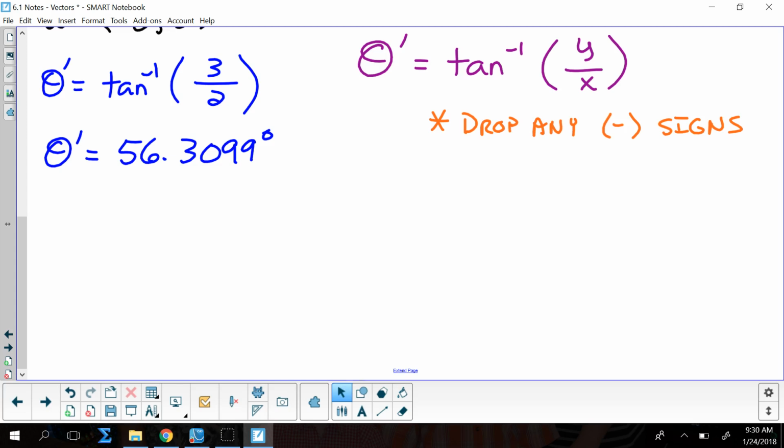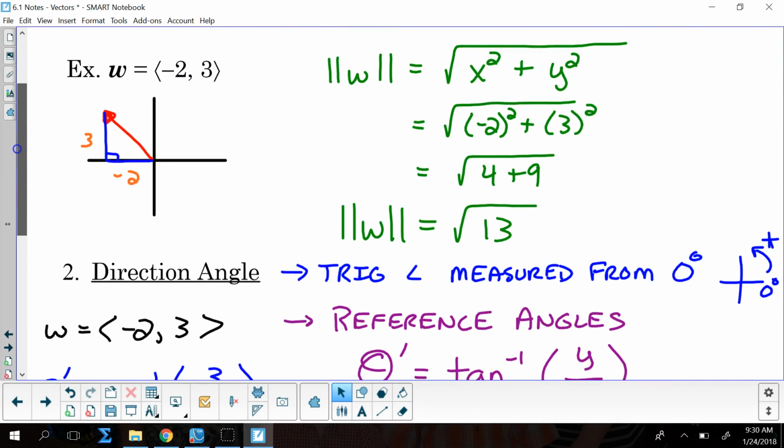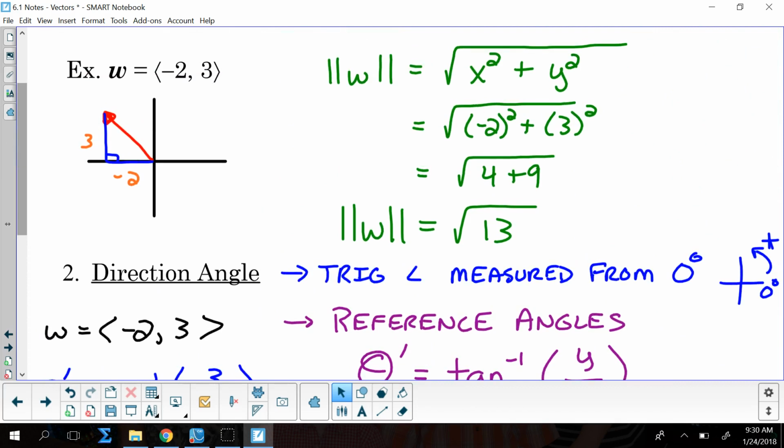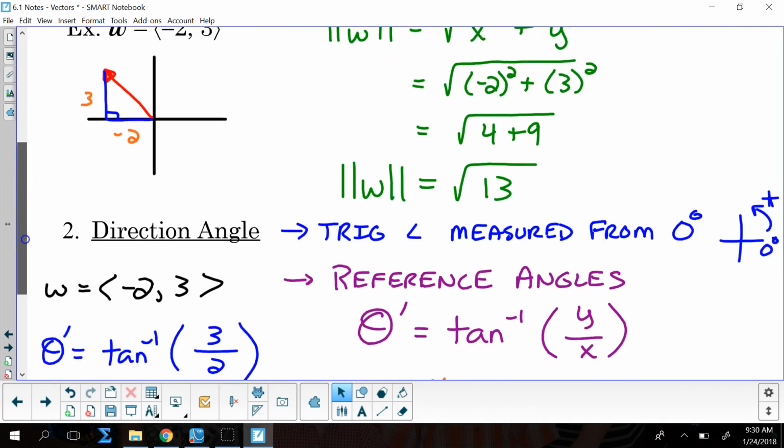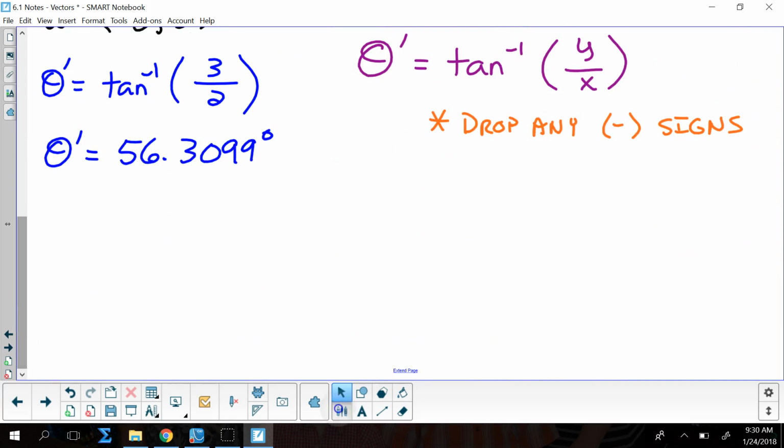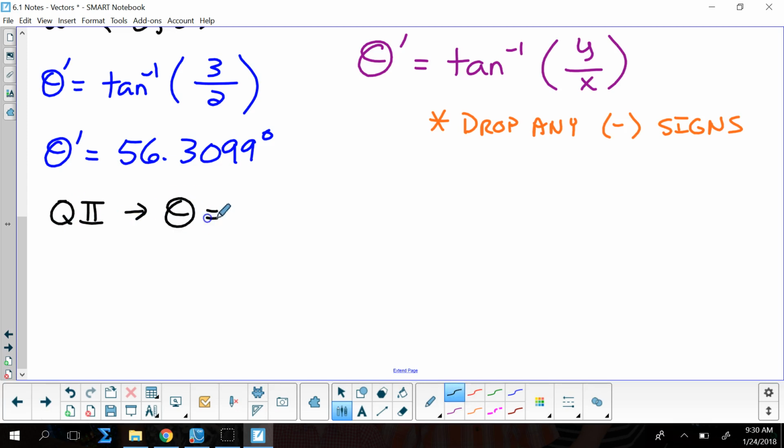Which quadrant is my vector in? My vector is in quadrant number 2. So for angles in quadrant number 2, the actual theta is going to be 180 degrees minus my reference angle.